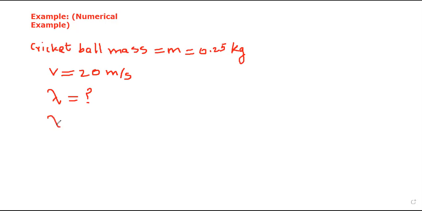So we have to use de Broglie's hypothesis. According to that, lambda is equal to h by mv. So just put the values.